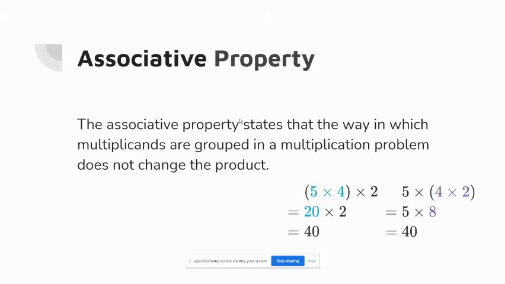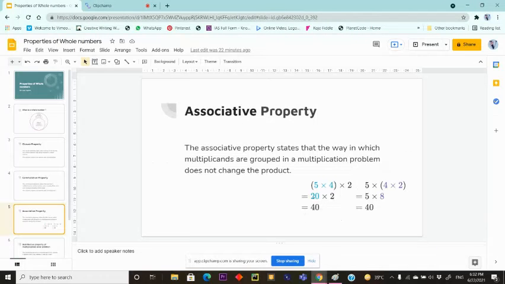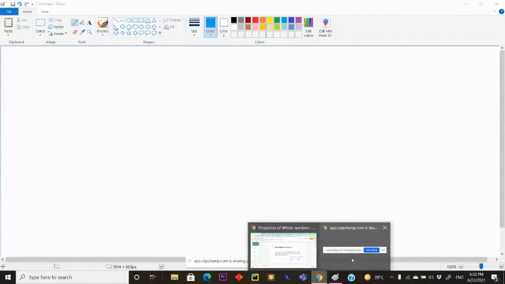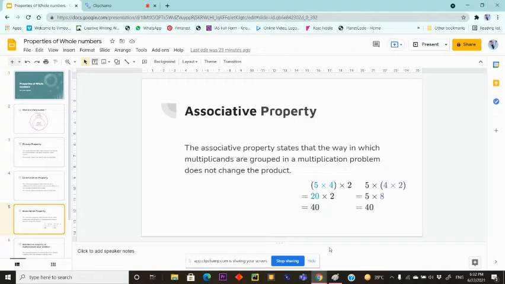The associative property states that the way in which the multiplicands are grouped in a multiplication problem does not change the product. As we know from the statement, it is about multiplication. It can also go for addition also. Let's just have some examples. Do you like examples? I do. Okay, so let's just solve this example only.